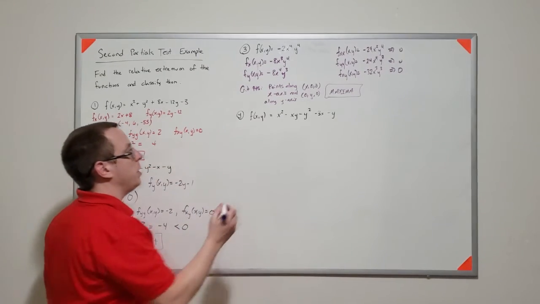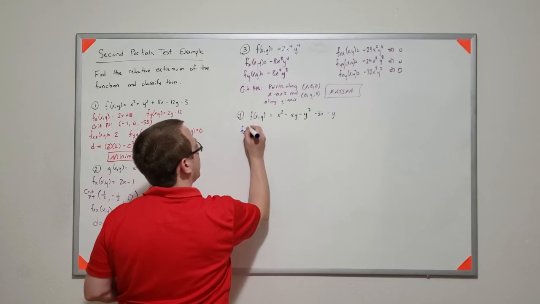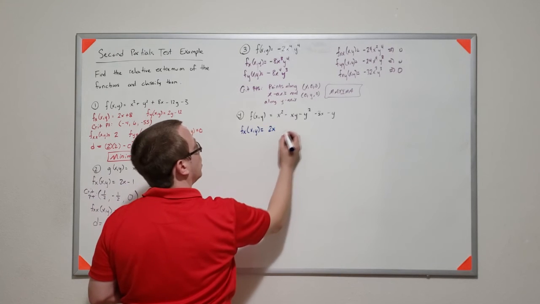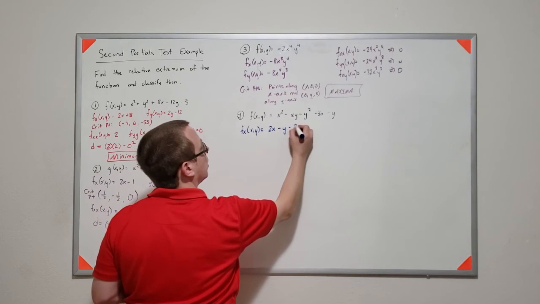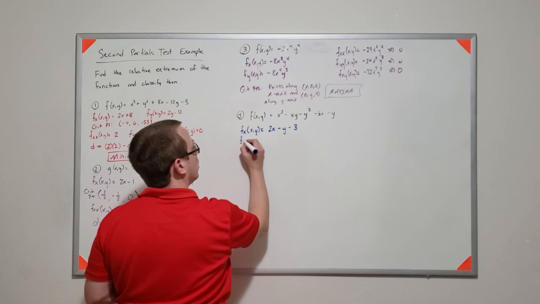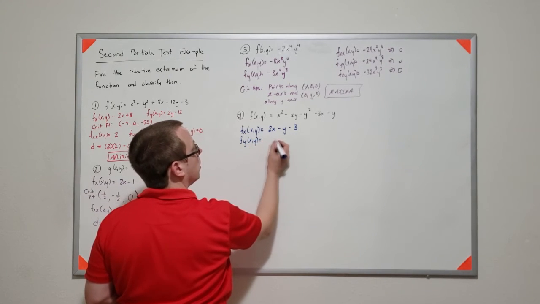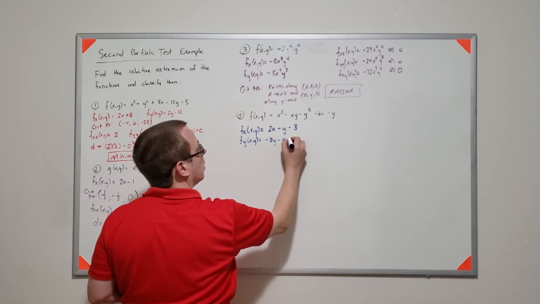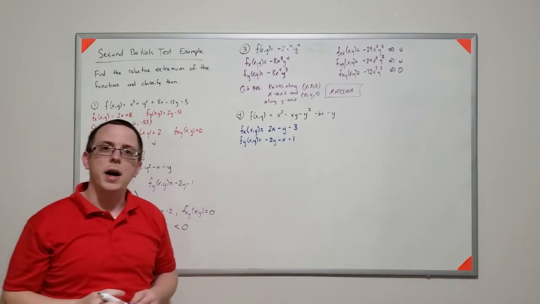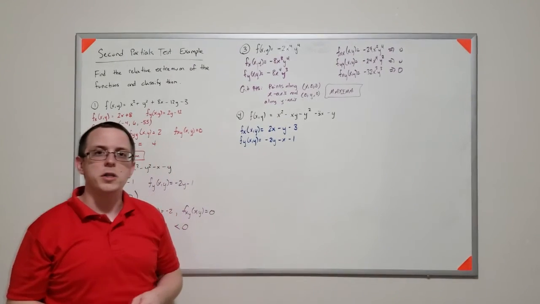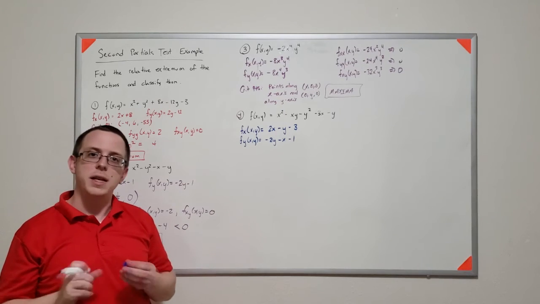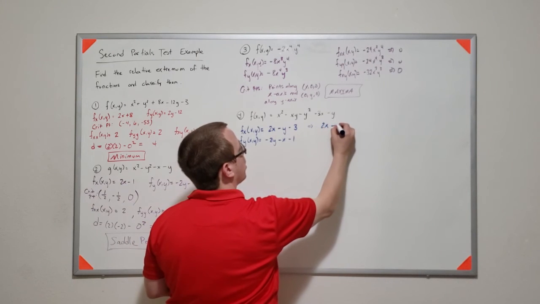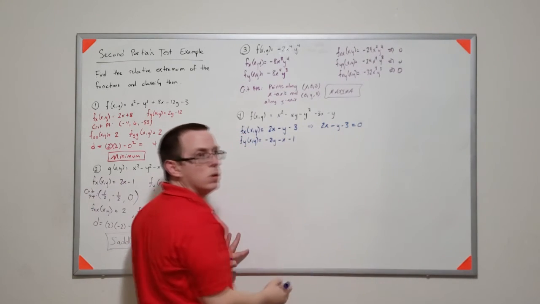But finally, we have this piece. So if I get my partials, okay, I have two expressions here. And remember, to find the critical point, I have to set them equal to 0. So I need to say, okay, well, 2x minus y minus 3 is equal to 0.